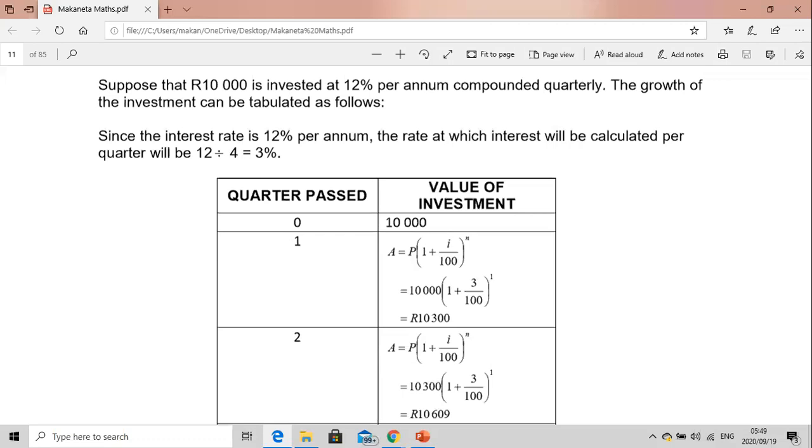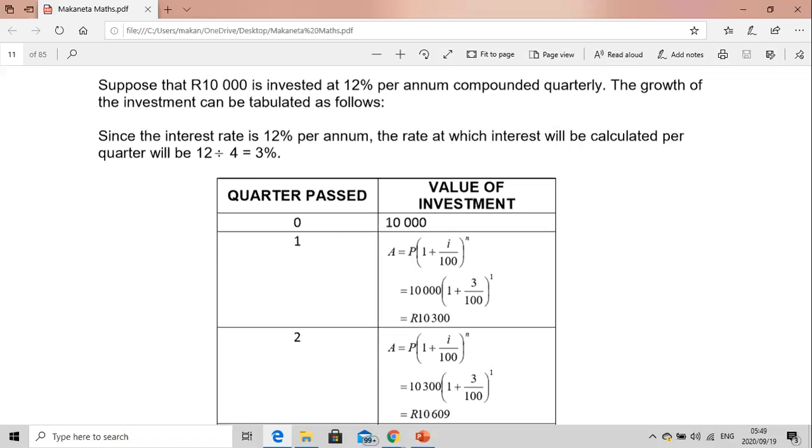And this means that 1 plus 3 over 100 there, and the number of years, since it's the first quarter, you just put 1. So the number of times will be 1 because it's the first quarter. It's just once. Or the number of years, in fact, it is done per year, yes. So the number of years will be 1. And of course, it will yield 10,300 rands. That will be the first quarter. So at the end of the first quarter, the amount will be 10,300 rands.